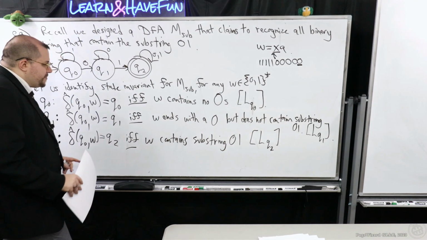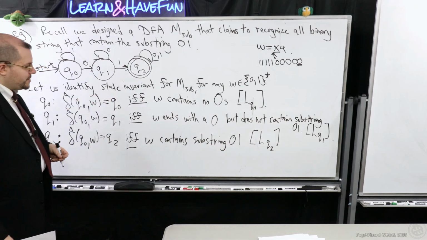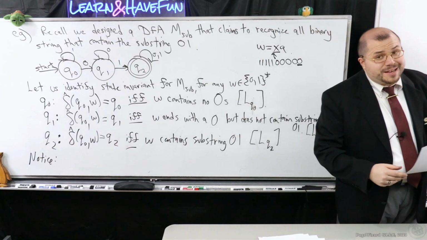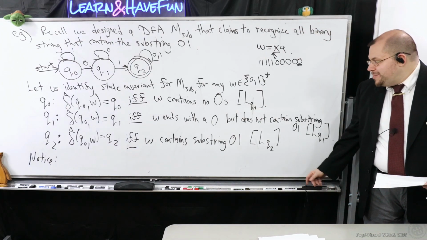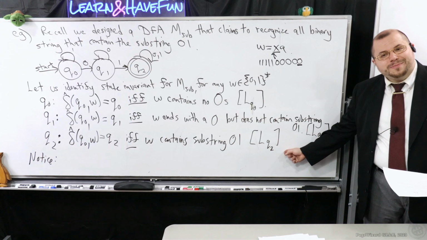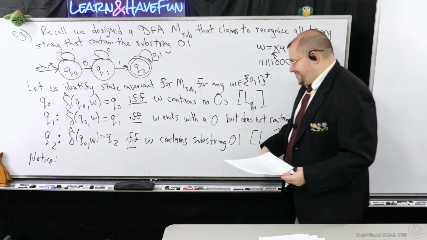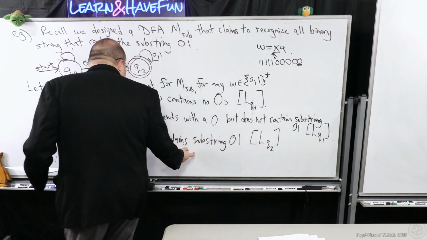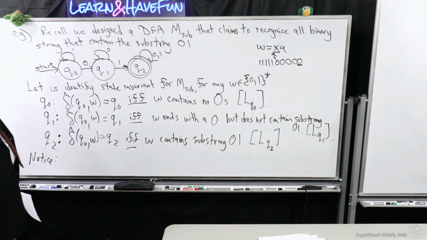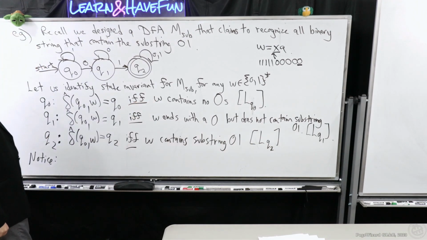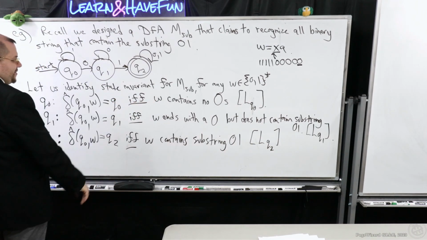Notice that this contains no zeros, right? This one contains at least one 0, but it doesn't contain the substring, right? But this one contains the substring, but it includes everything else, right? So note that that also includes the cases when it ends with a 1, right? Likewise, this can also include cases when it ends with a 1, as long as it has no zeros in it, right?